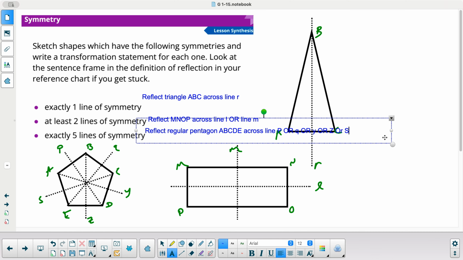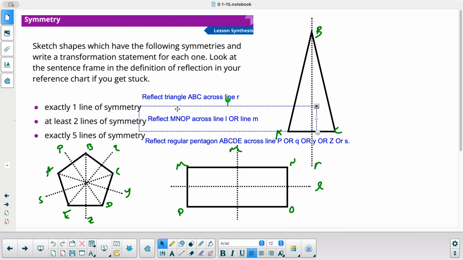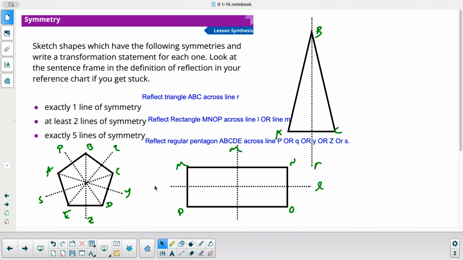Let me move this down so you can read that. All right, I guess I could have said reflect rectangle, but not really necessary as long as I name the points. Same thing there with the regular pentagon.